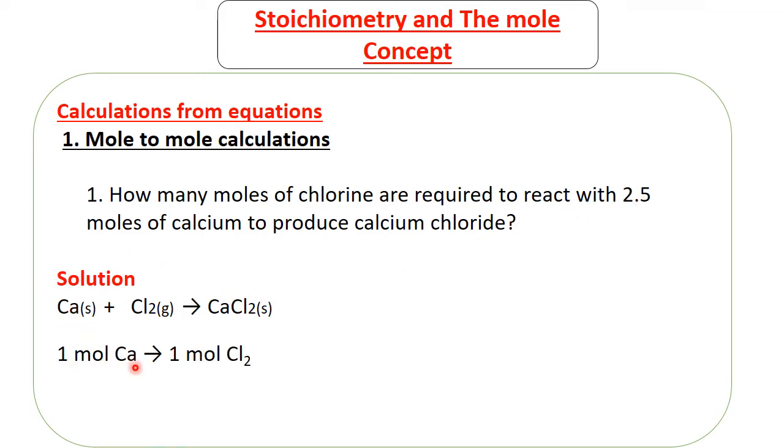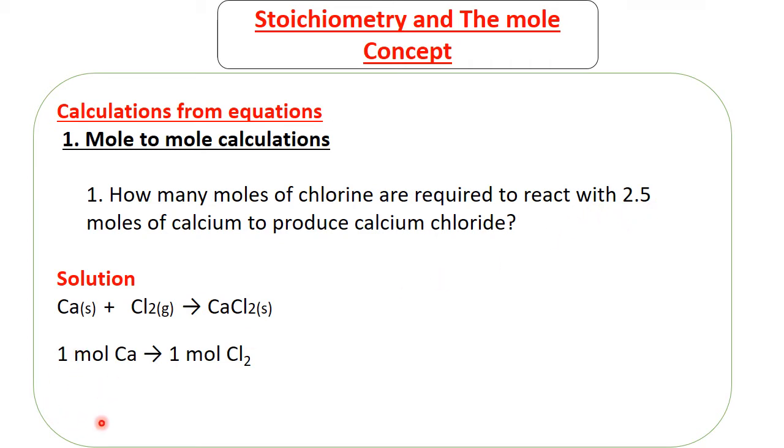We know that 1 mole of calcium reacts with 1 mole of chlorine according to this equation. Okay, so now what about 2.5 moles of calcium?